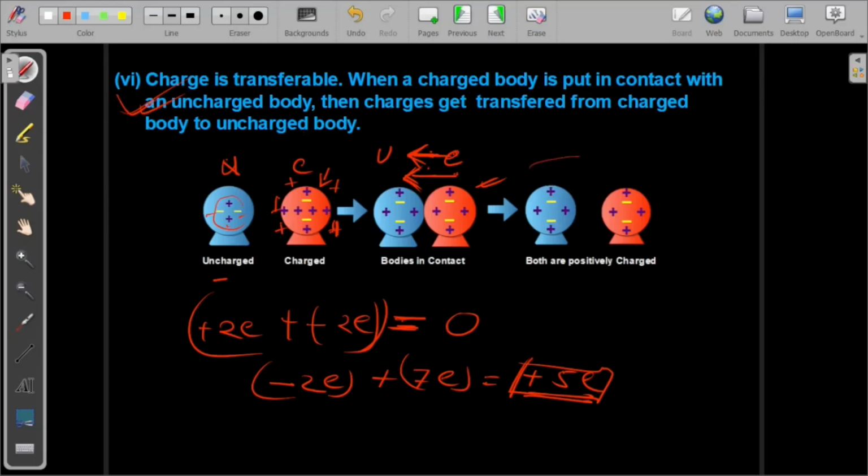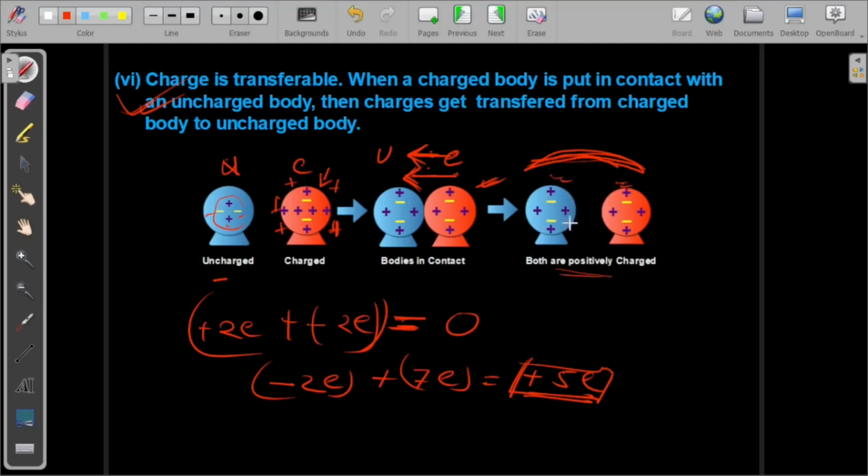Additionally, I have shown this part. Once the charges are distributed uniformly, if you separate them, what will happen? You will get charges in this form. That means both will be positively charged. Both will have an equal number of positive charges since they are identical bodies.